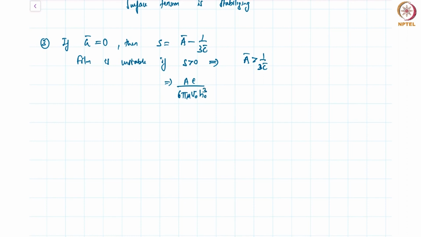h naught cube is greater than epsilon cube gamma by 3 mu u naught. Right?